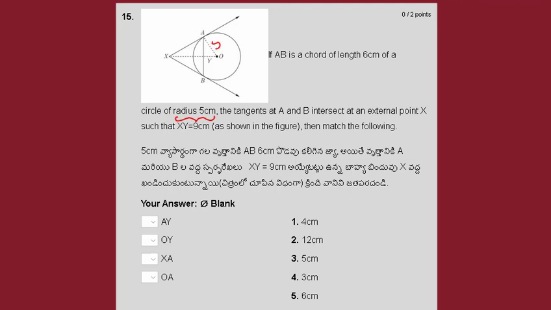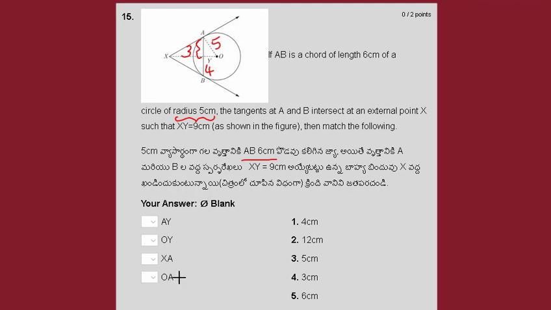Given that radius is 5 centimeter, so in the diagram OA is 5 centimeter, and given that AB is 6 centimeter, so the length AY will be half of 6, that will be 3. Now AYO is a right triangle, so we can use the Pythagorean triplet to get OY equal to 4.